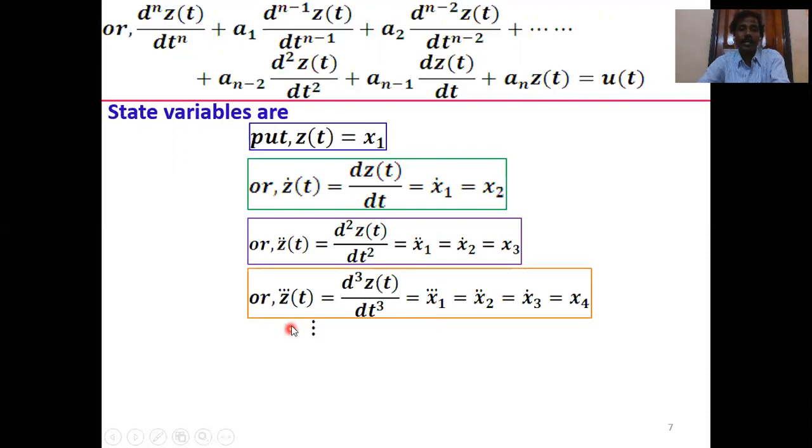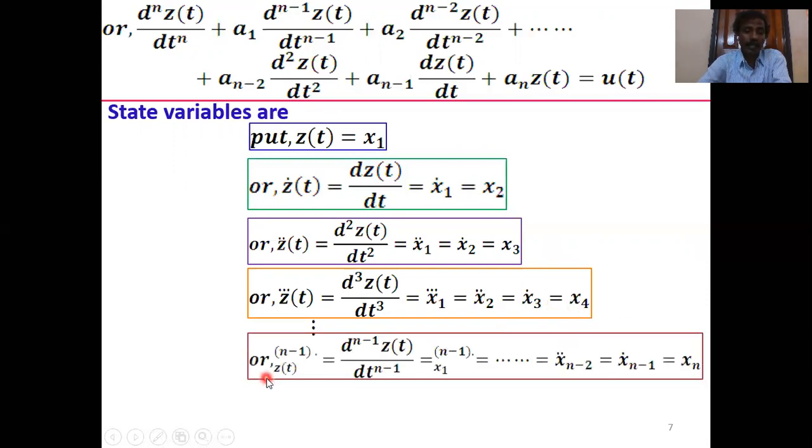Again differentiate: z triple dot(t) equals d^3 z(t)/dt^3 equals x1 triple dot equals x2 double dot equals x3 dot equals x4, and so on, up to d^(n-1) z(t)/dt^(n-1) equals x1^(n-1) equals ... equals x(n-1) dot equals another state variable xn.